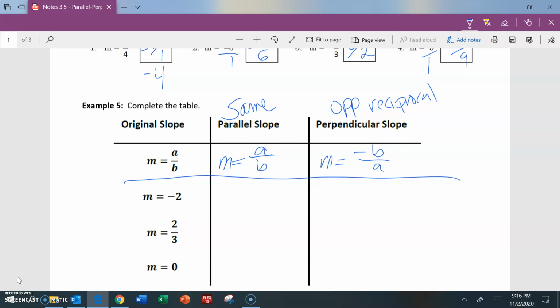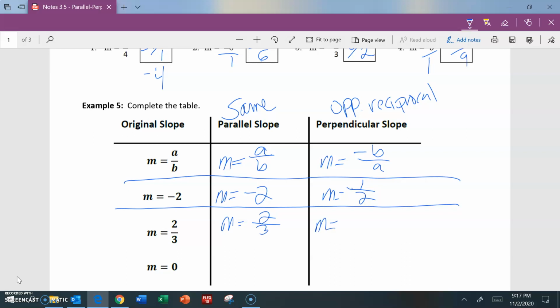For m equals -2, parallel line would also have a slope of -2. Perpendicular would be positive 1/2. For m equals 2/3, parallel slope would be also 2/3, but perpendicular would be -3/2.